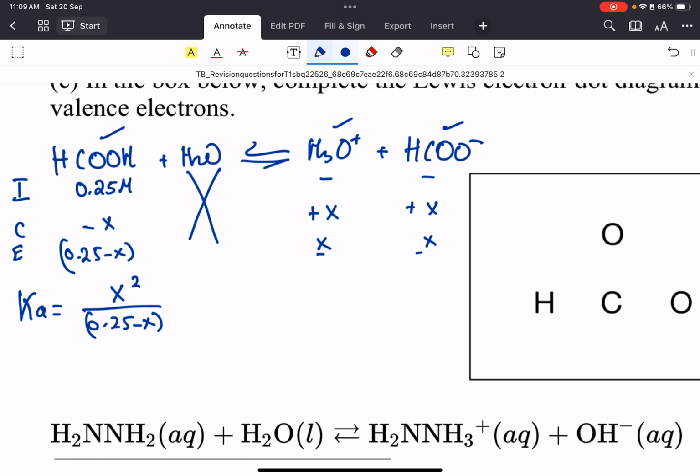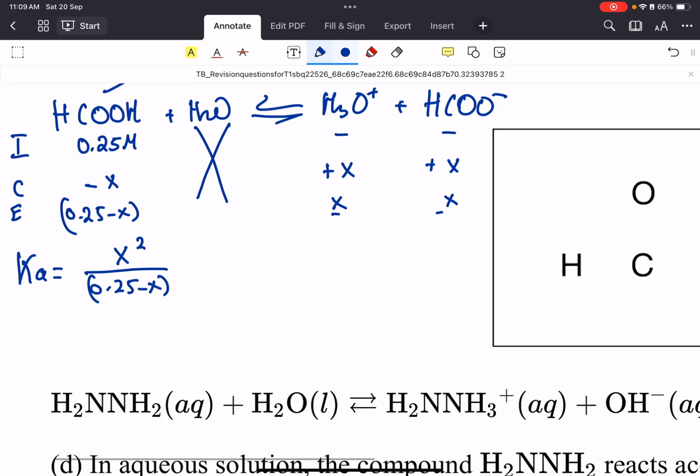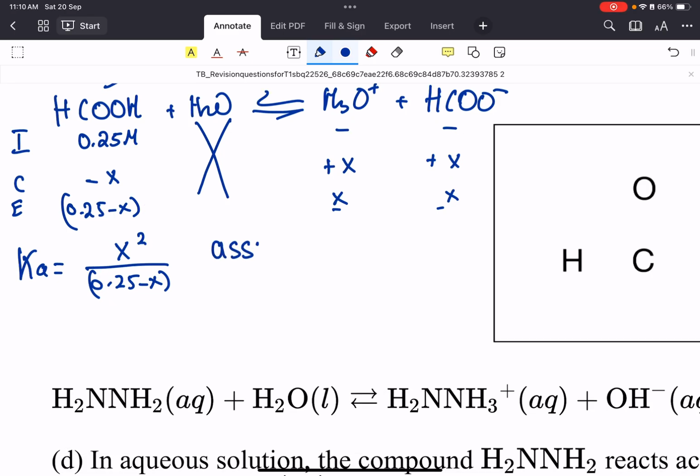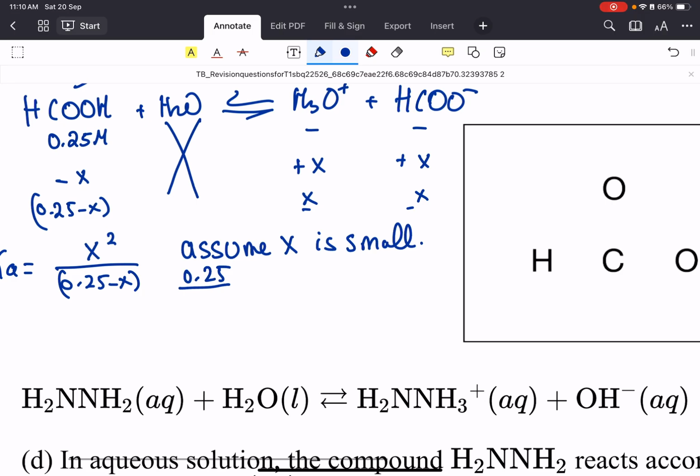So you have to write your assumption. Assume X is small, okay? And then you prove your assumption by dividing the original concentration over the Ka value, which is 1.8 times 10 to the power negative 4.